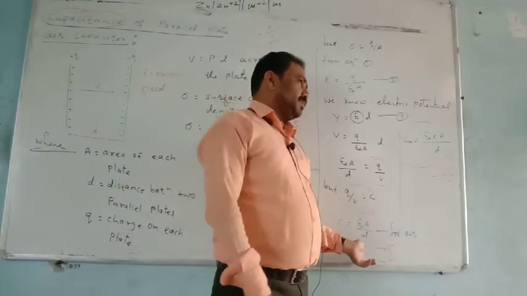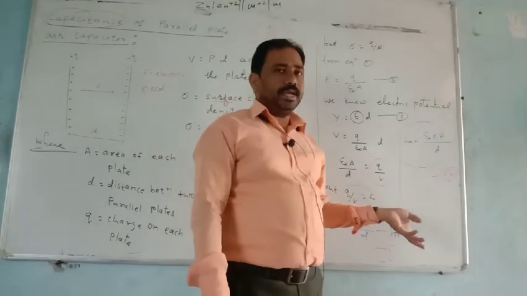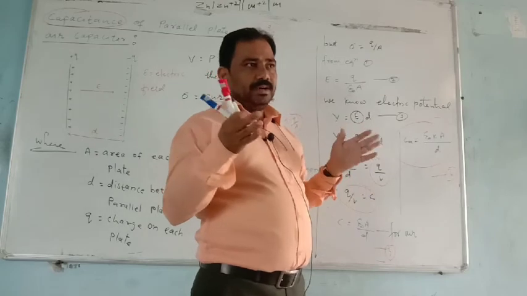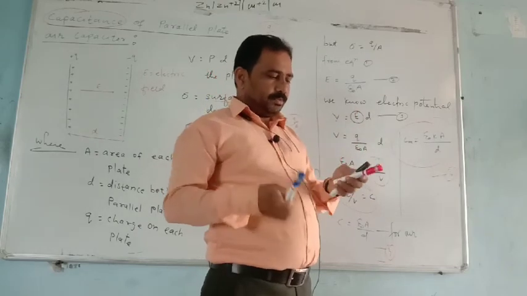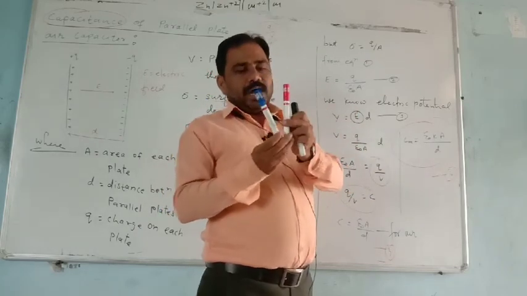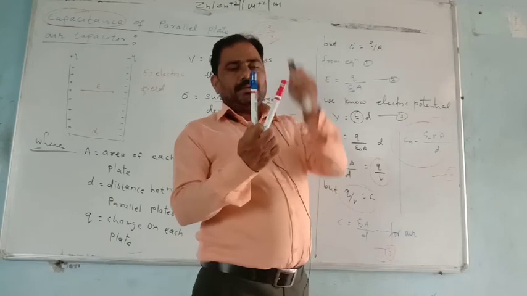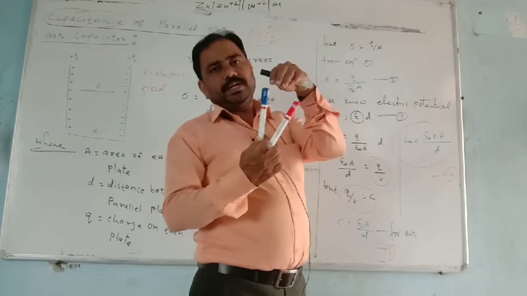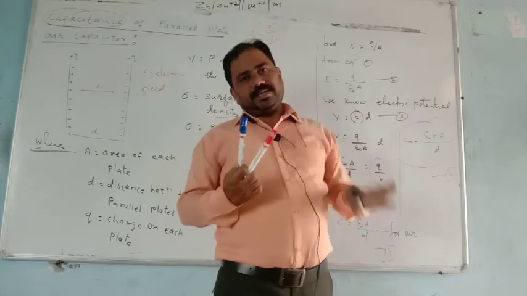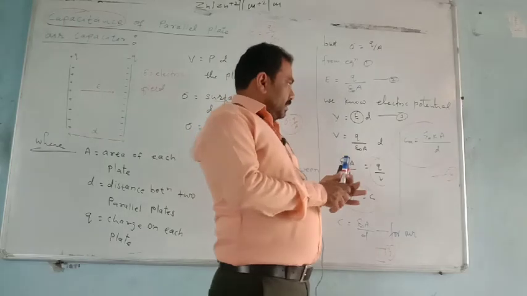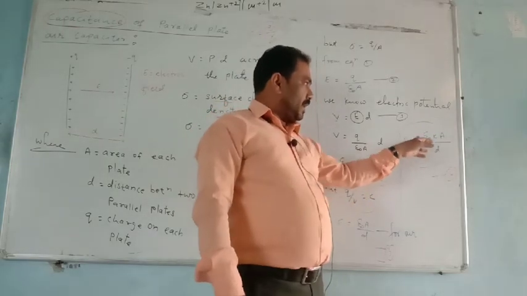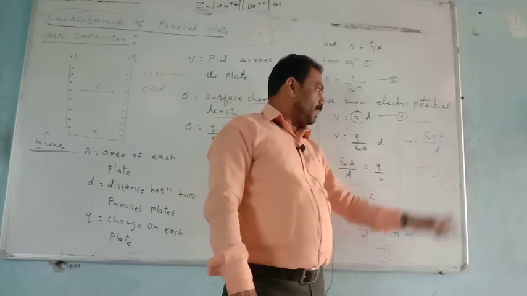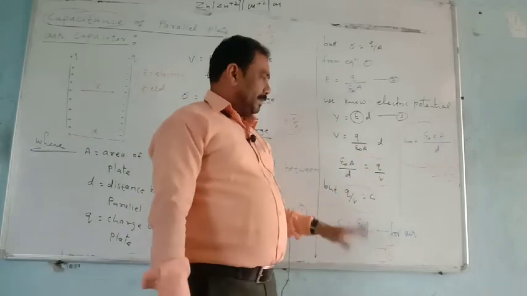But if there is a medium introduced in between the two plates, suppose I am introducing mica, at that time the capacitance may be written as epsilon naught into k into A upon D.